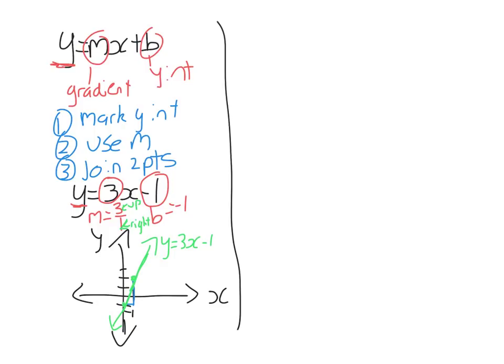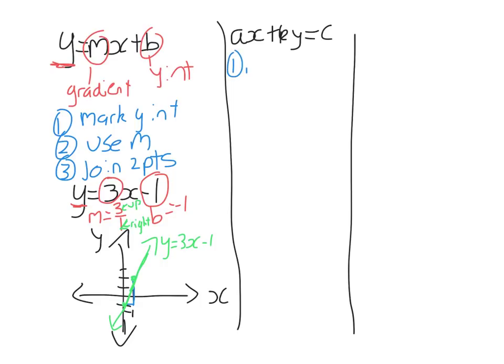Okay, the other method that we use, if it's not written in this form, it might be written like something times x plus something times y equals something. So this is easiest if we use the xy intercept method. Its process is exactly what the name suggests.